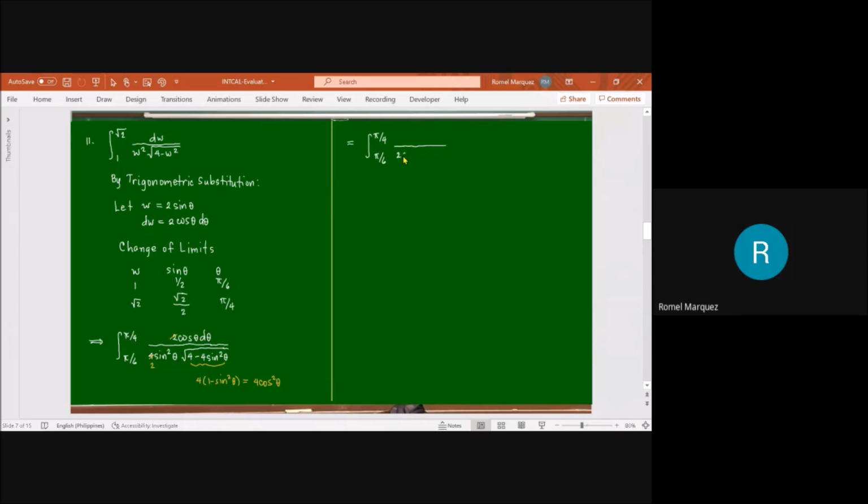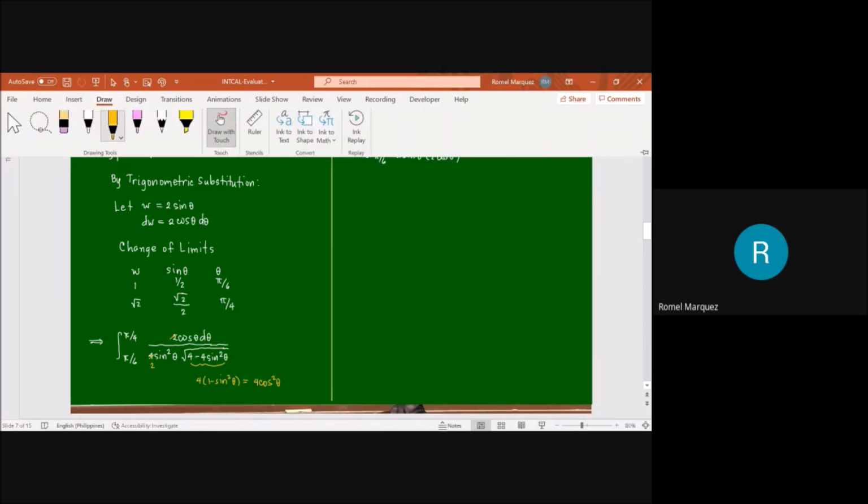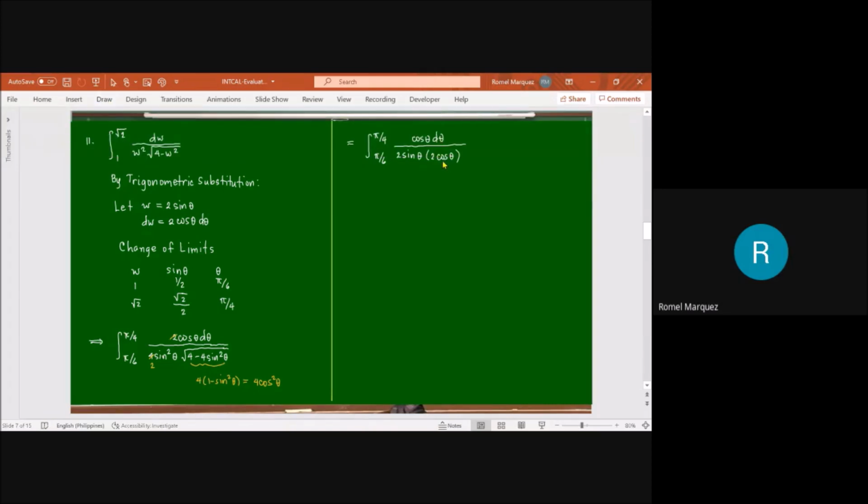So we have 2 sine theta times 2 the square root cosine theta. That's the square root of this, no? Numerator, we have 2 cosine, just cosine na lang. Cosine theta d theta. Oh, what are the things that you can cancel further?